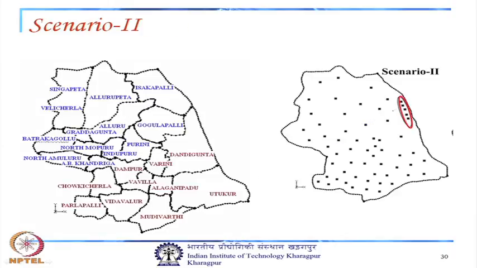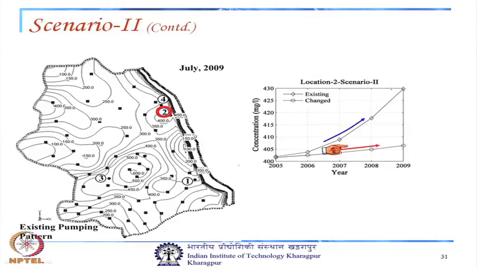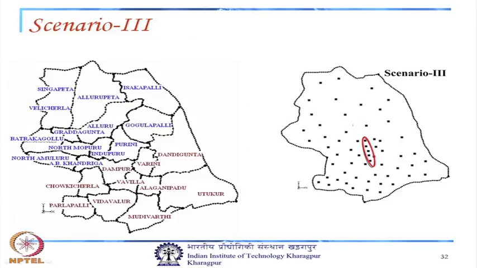Again near the Allur Mandal, if 5 wells are installed as extraction barrier wells, then for the reference point there is also an increase in concentration level, but the rate is much slower as compared to the existing pattern.